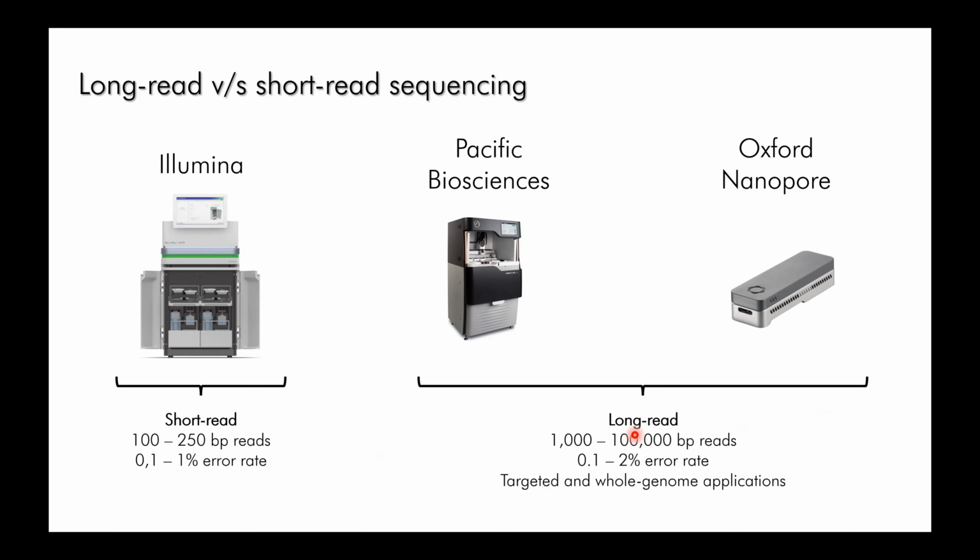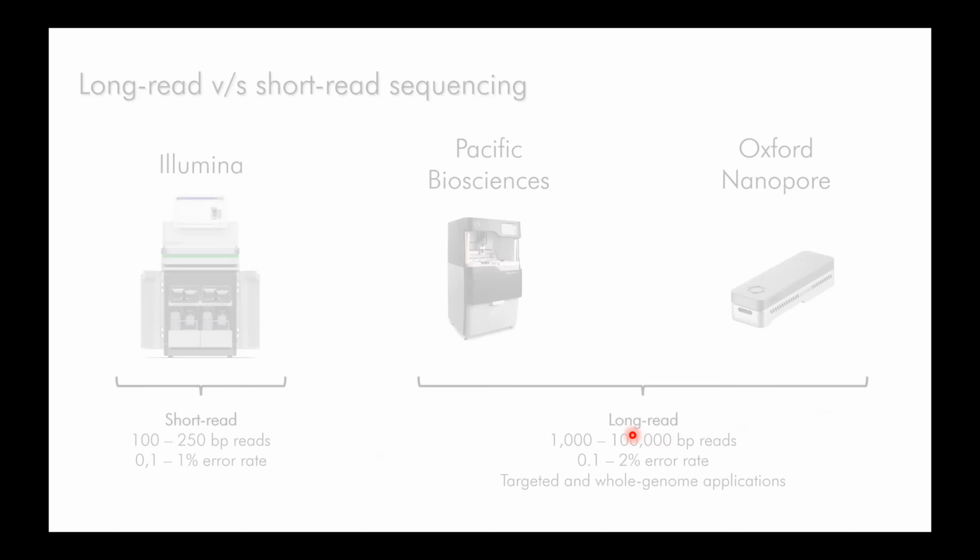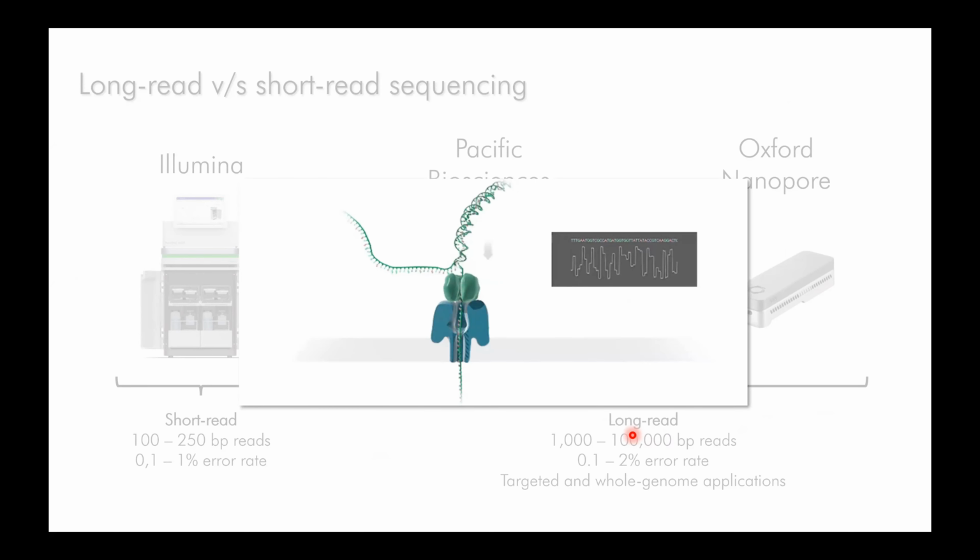And long-read sequencing technologies can also be used in targeted and whole genome applications. I believe that a talk by Oxford Nanopore is coming up at the next session, so I will not say anything about how these technologies actually work.